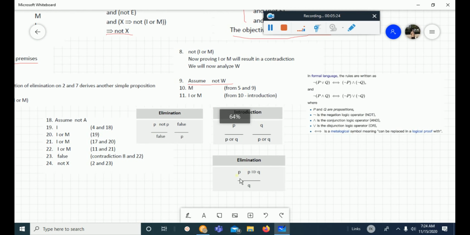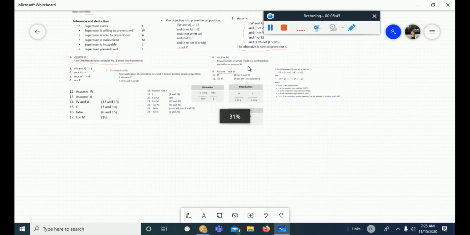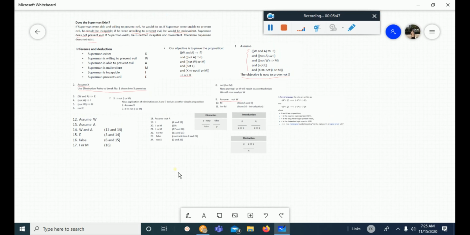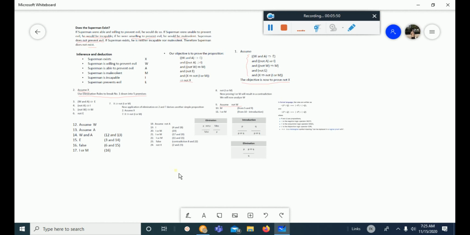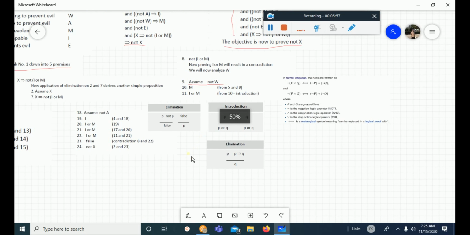One elimination rule is: P implies Q, we get Q. Another elimination rule is for AND. Let me bring the elimination rule for AND.